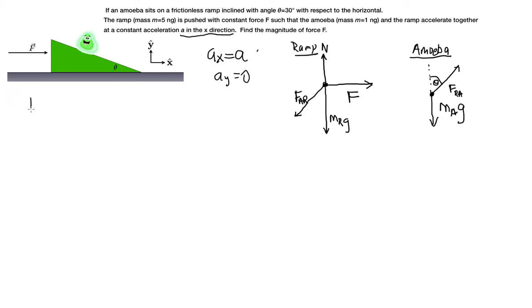Well, first, I know from Newton's third law that the force of the amoeba on the ramp has the exact same magnitude as the force of the ramp on the amoeba. And remember, what we're doing here is we're saying the magnitudes are equal, and we are keeping track of the opposite part of Newton's third law through the arrows and making sure we do the decomposition correctly.